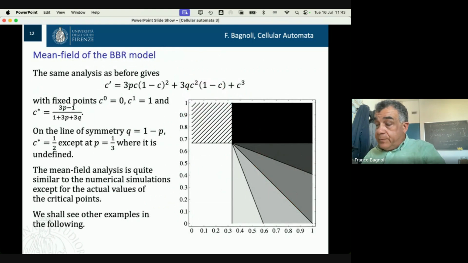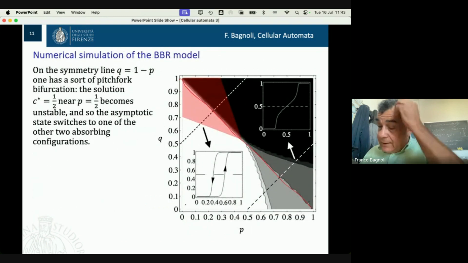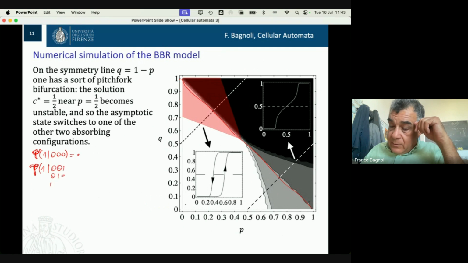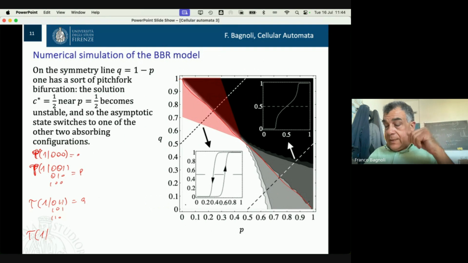If you want to perform a mean field, we can do it together. So remember, the probability of having 1 given 0, 0, 0 is 0. The probability of having 1 given a neighborhood with a single 1, such as 0, 0, 1 or 0, 1, 0, is P. The probability of having 1 given a neighborhood with two 1s is Q. And the probability of having 1 given 1, 1, 1 is 1.